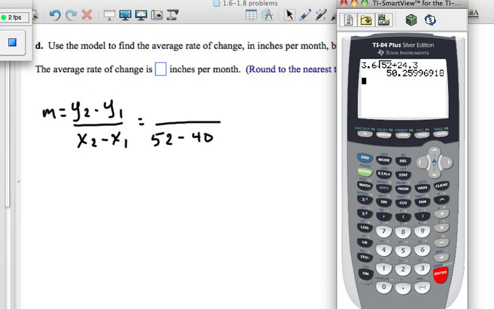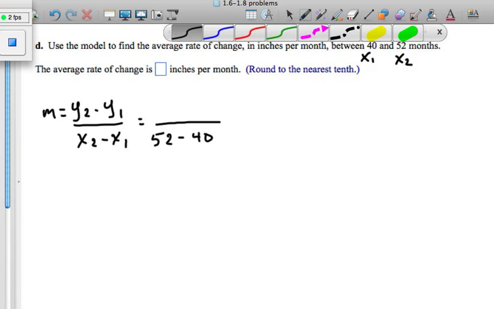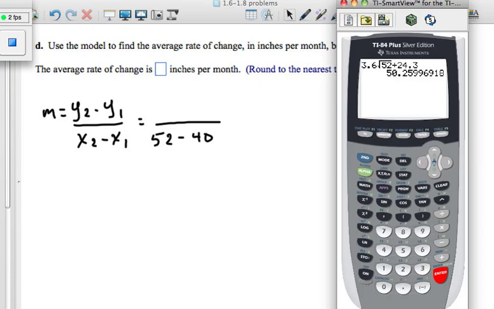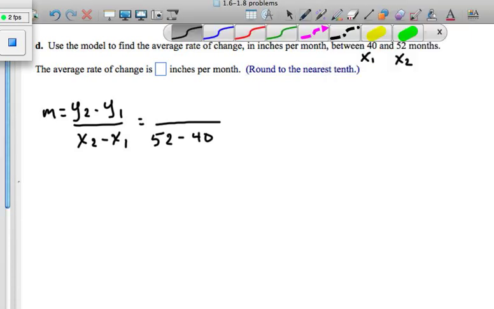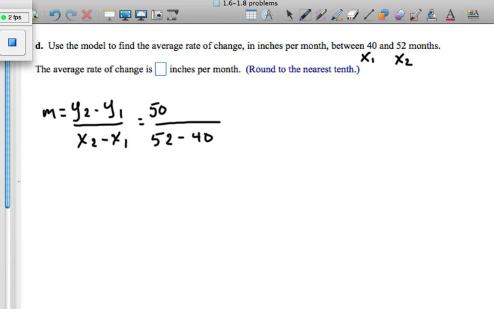Now that is our y2. So I'm going to write that in for y2. That was 50.3. Minus what we need now is y1.